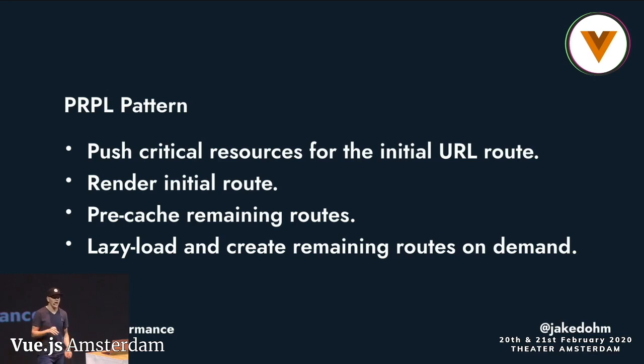You pre-cache any routes that they're not on but they might use, and then you lazy load any remaining routes on demand. It's nice that they follow that pattern that Google recommends, because it means you're going to have good performance. Google's going to like your pages, which is like half of our job as web developers. Okay, maybe not quite half.